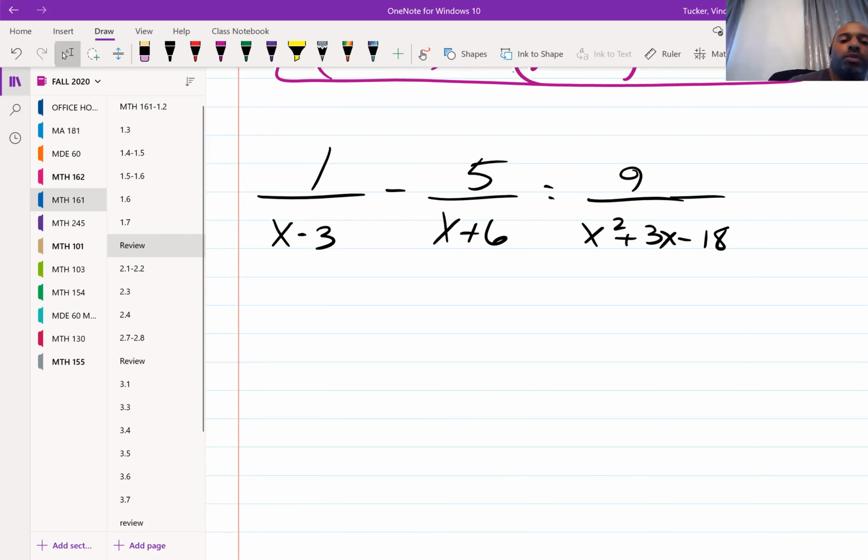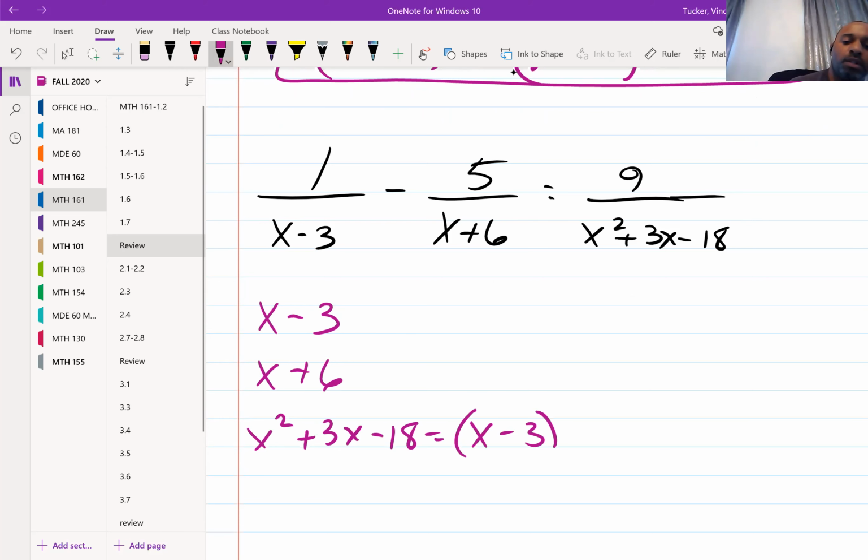So first thing we'll do is evaluate each one of our denominators. First we have x minus 3, the other one is x plus 6. And then this one, we can factor to be x minus 3 times x plus 6. So that last denominator is a combination of the first two.